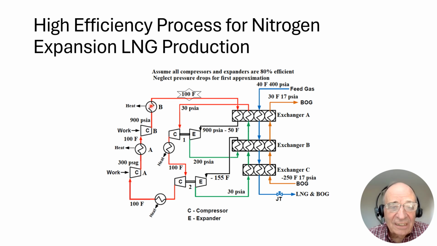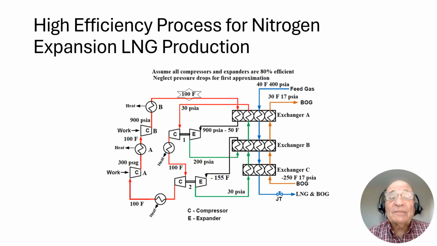And you reject heat again to the atmosphere. Now, the atmosphere is 90 degrees Fahrenheit outside, so we're looking at getting this nitrogen down to approximately 100 degrees Fahrenheit. Goes into this heat exchanger, is cooled down, brought down to minus 50 degrees Fahrenheit. We're still at 900 psi, and it is expanded down to 200 psi.